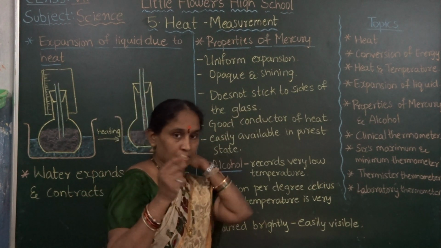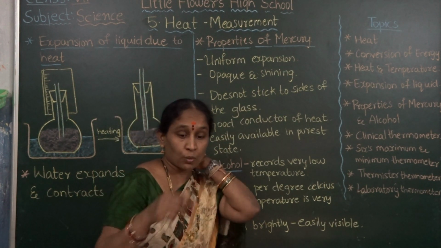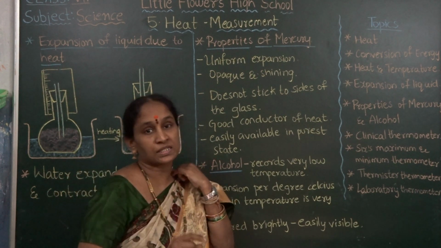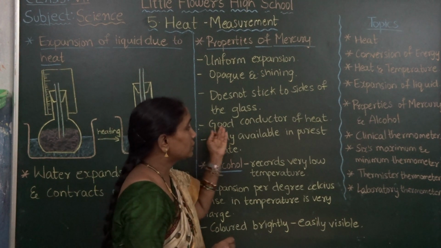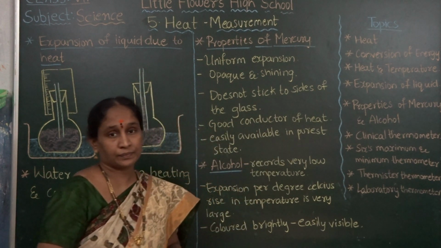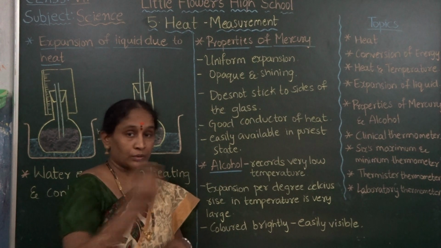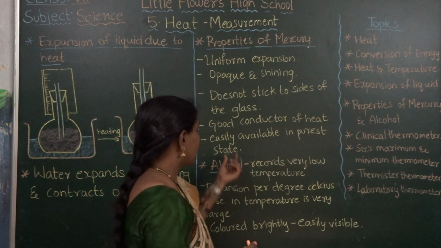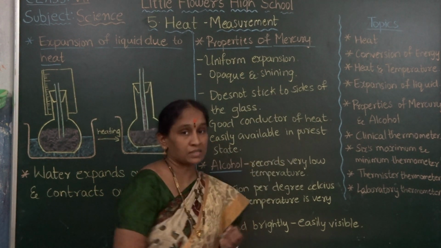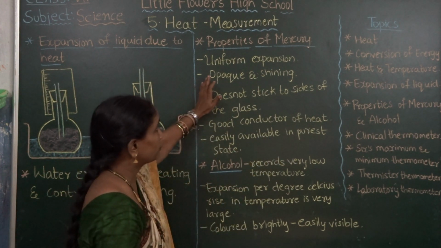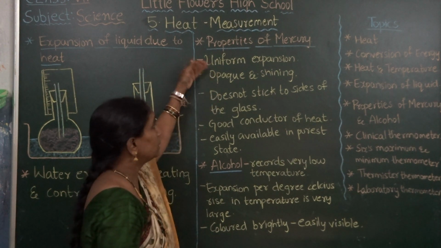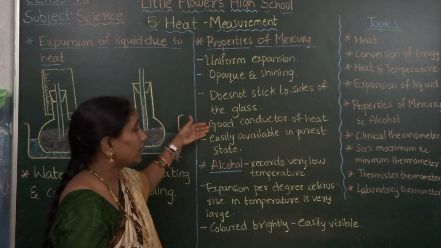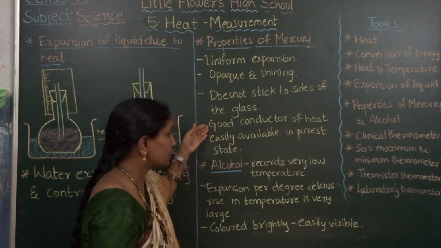Mercury does not stick to the walls of the glass, so it can expand freely and come back to its original state. Then it is a good conductor of heat, which can conduct heat.